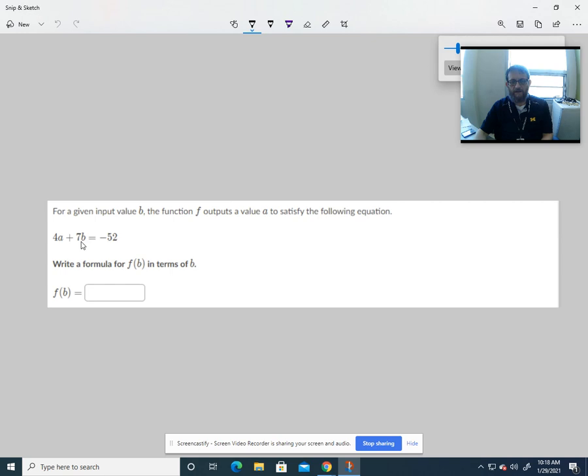So I want to get it to say a equals, and when it says in terms of b, that means on one side should be everything with b's, and the a should be by itself. So again, we have 4a plus 7b equals negative 52. Why did I write it that way? I don't know, so let's erase that. Okay, negative 52.